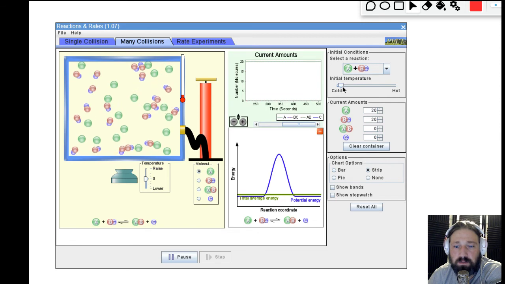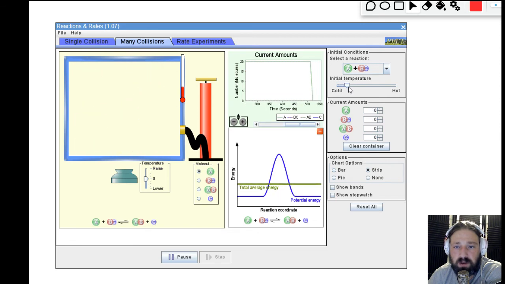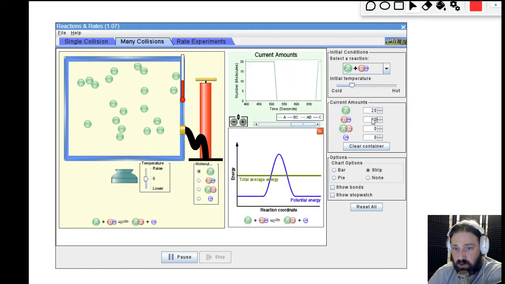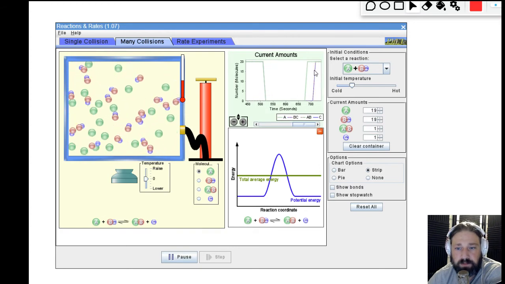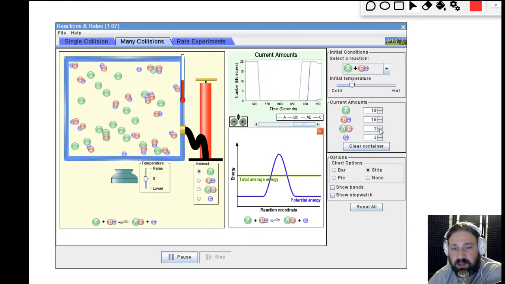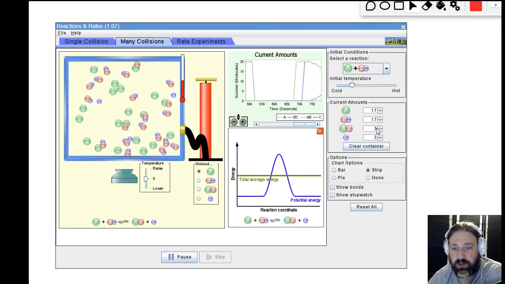Let me actually put this up a little bit hotter. About to here. 20, 20, go. All right, let's see this go. Oh, already two have gone through now. 3, 4.